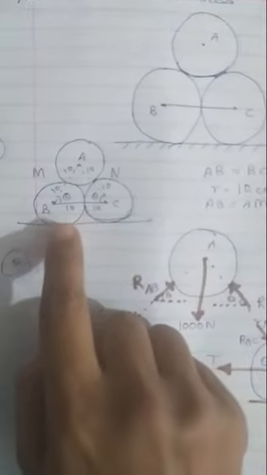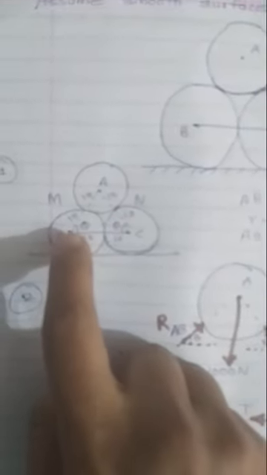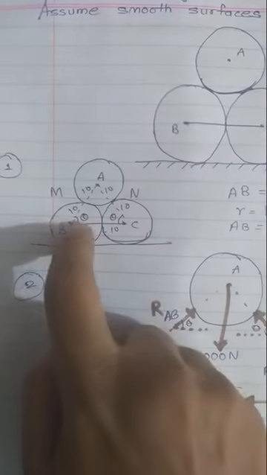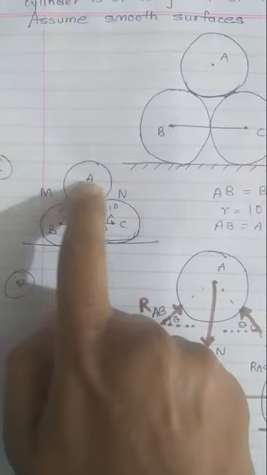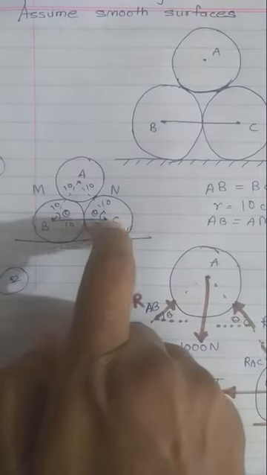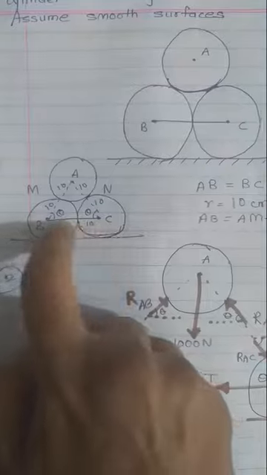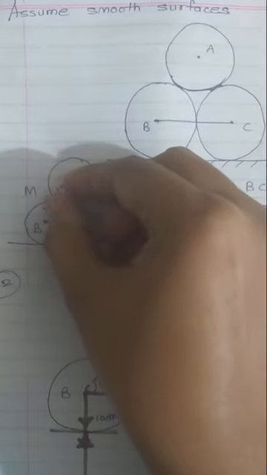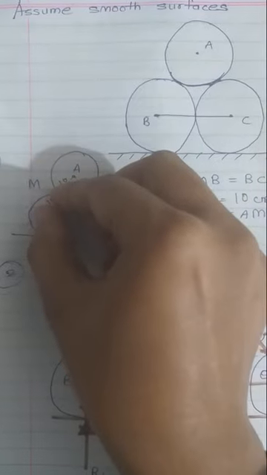Now for drawing the geometry, what I did is I have joined all the lines of these connecting points. Okay, B, A, C, and I have formed this triangle. Okay, so now tell me, this is nothing but its radius, right?